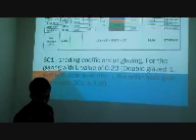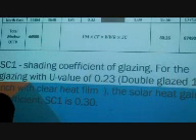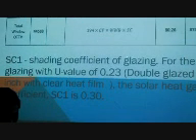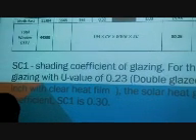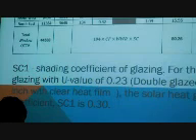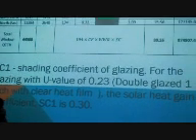Then we put it in the table, and the total window OTTV we got, after using the given formula, 194 times solar correction factor times window to wall ratio times shading coefficient, is 874,907.42.